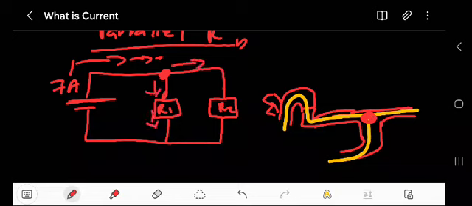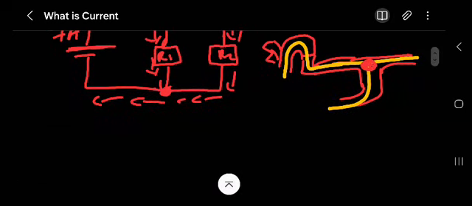The other one will flow through resistor 2, that branch. And as it flows, this current will meet here, then continue and return back. That means it will split here, and also meet here and return back. So it just splits.